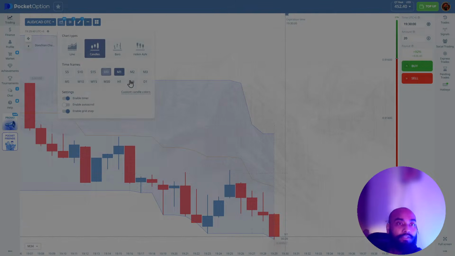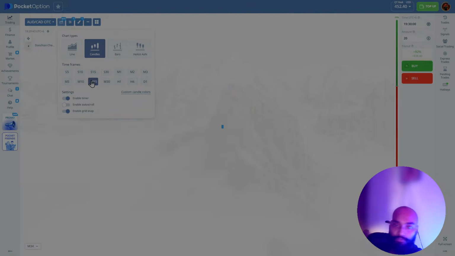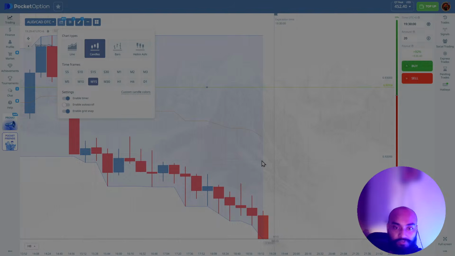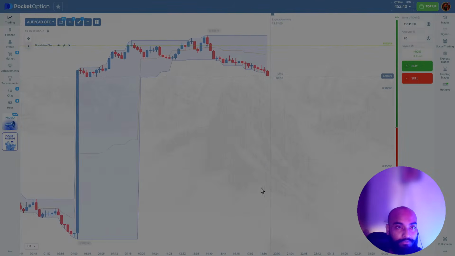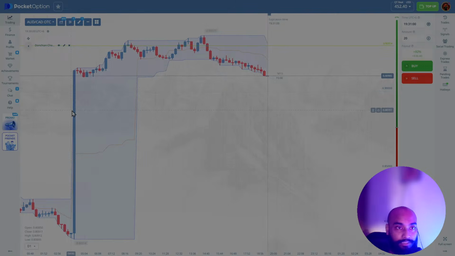Let's check on higher time frame. Higher time frame, what does the market say? The market needs to be analyzed in every aspect of time frame, whether it's 15 minutes or 5 minutes. The market has recently started, right?